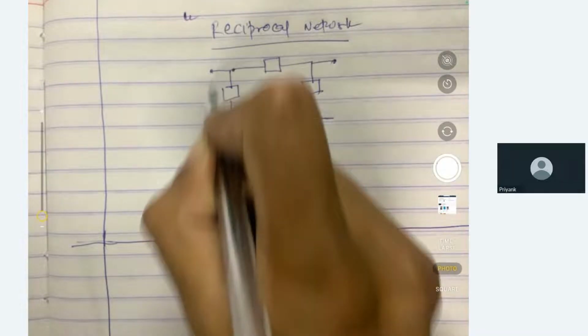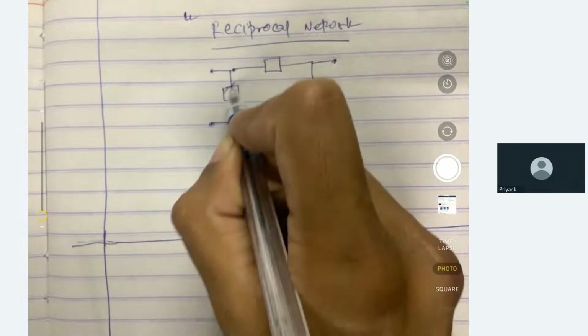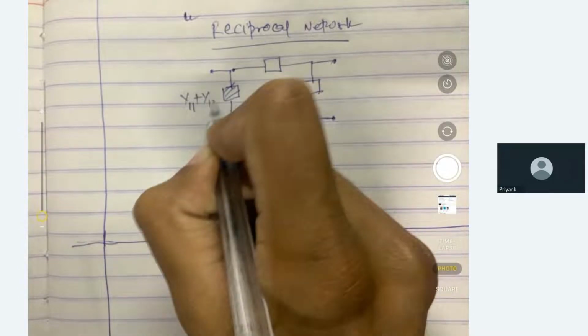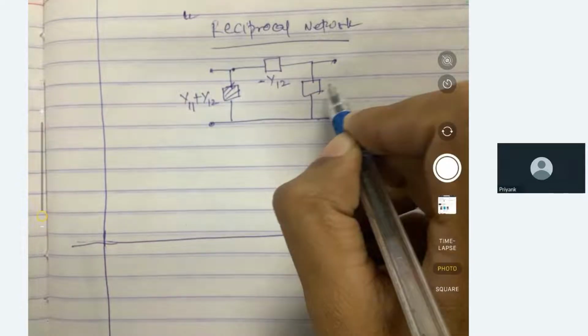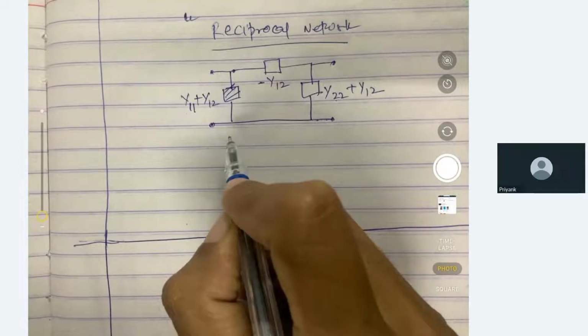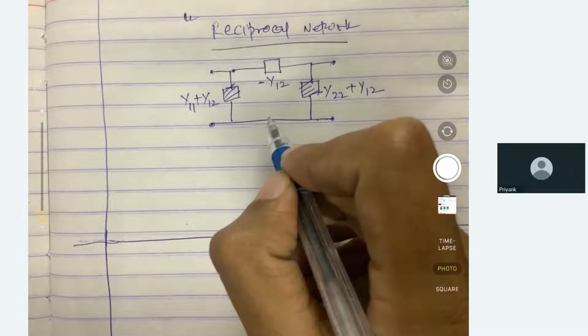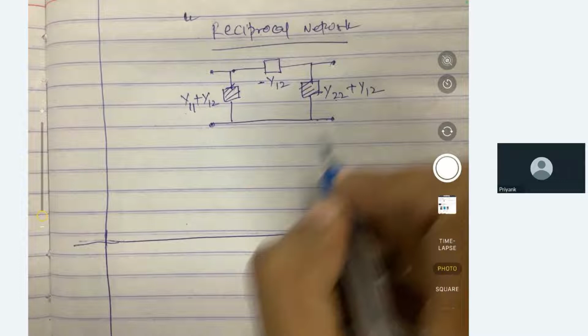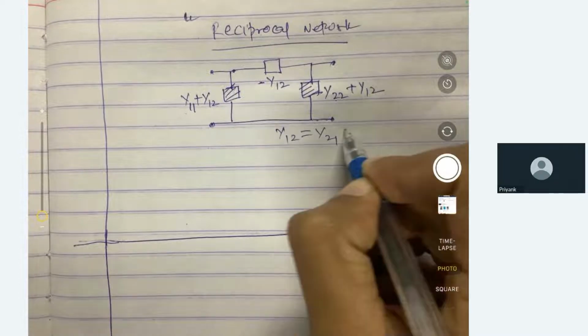This element will be y11 plus y12, this will be minus y12, and this will be y22 plus y12. Here they have given that y12 and y21 both are equal to 0. It means it is an open circuit.